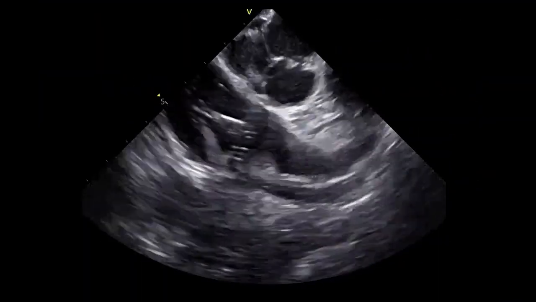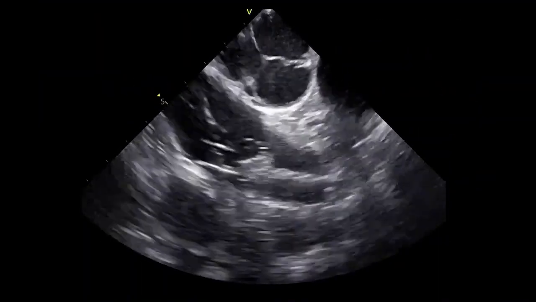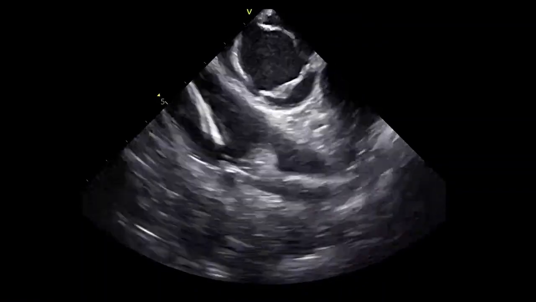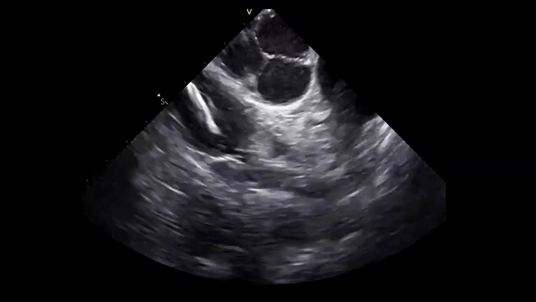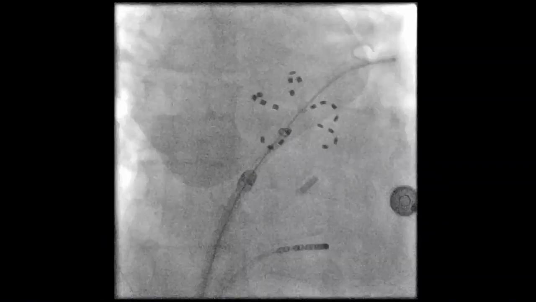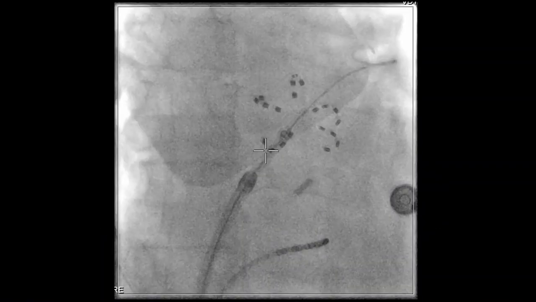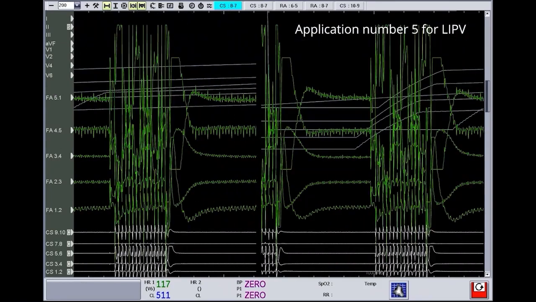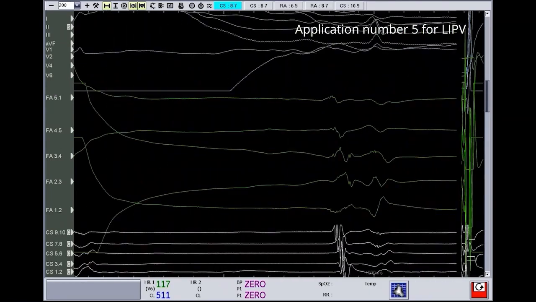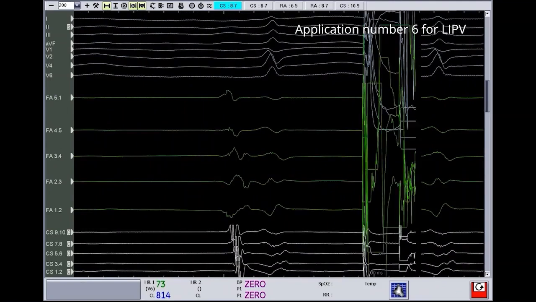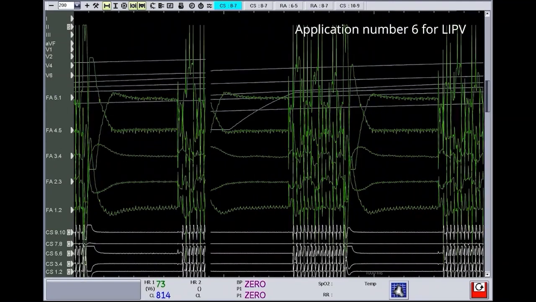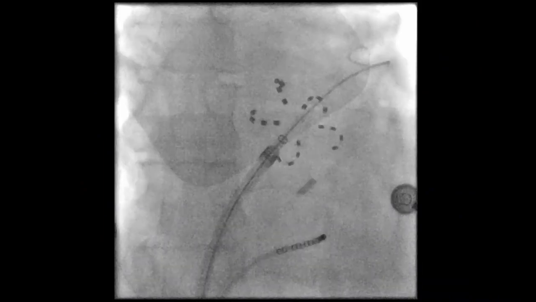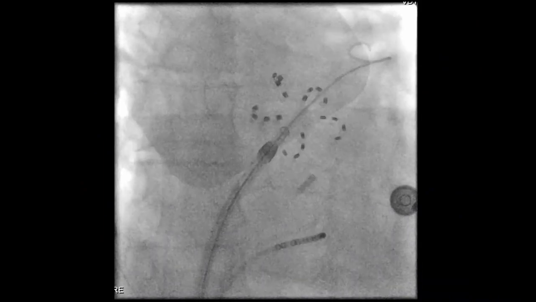Then the configuration is changed to flower and ICE is used to optimize positioning. Fluoroscopy is used to check proper separation of the petals. Two applications are delivered in the flower configuration. Then the catheter is rotated and checked on ICE.